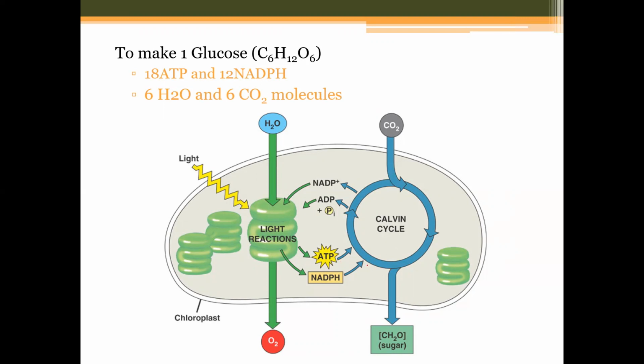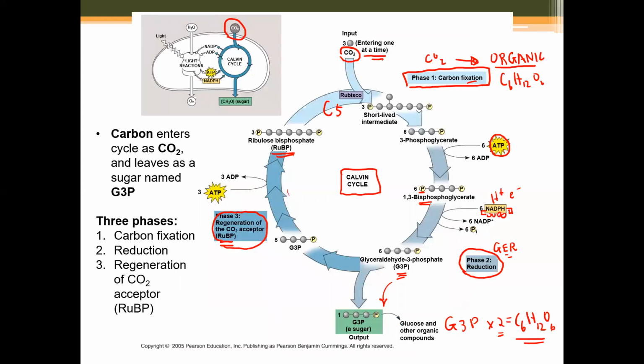Okay, so I'm going to go back to the slide here and just take a look at this. If I make one of these, 1 molecule, the cycle must take place 3 times, because we need 3 molecules of carbon dioxide to come in to make that.